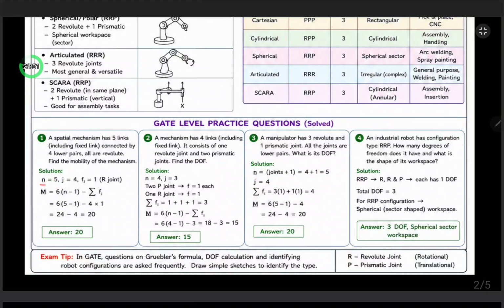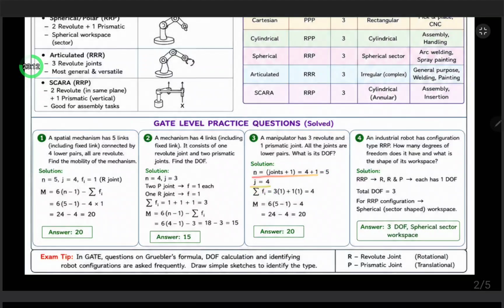Here also you see n equal to 5 links, and that means joints are 4. Lower pairs mean 4 joints. These joints are 1 less than the total number of links. So here also similarly, the n value we can get.